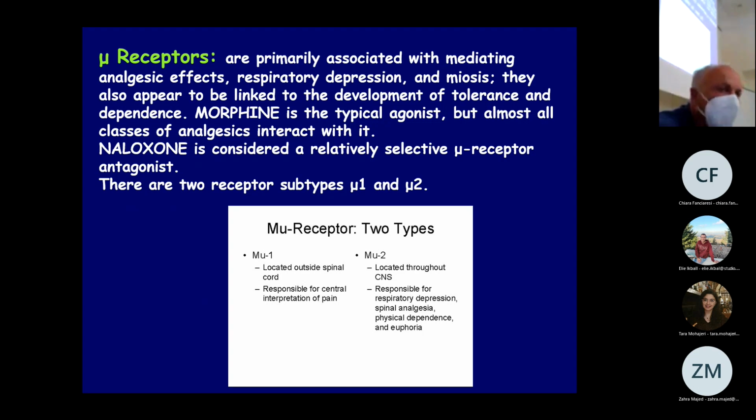So you see, it's not possible to divide the side effects from the main, therapeutic effect. This is the point. We have painkiller activity together with all these side effects. Naloxone, you see, is an important antagonist.